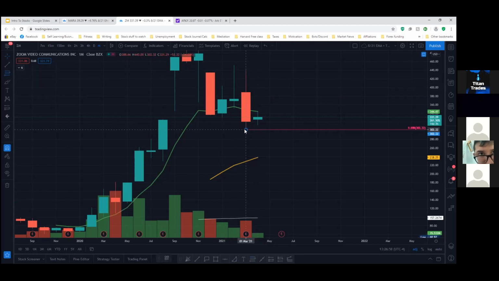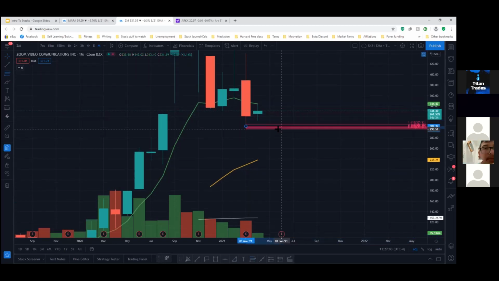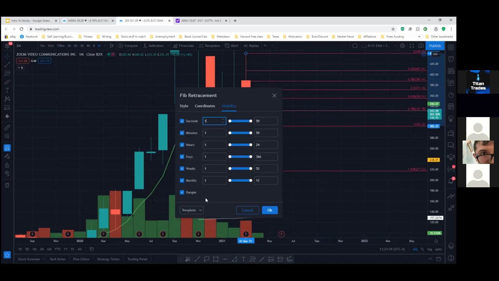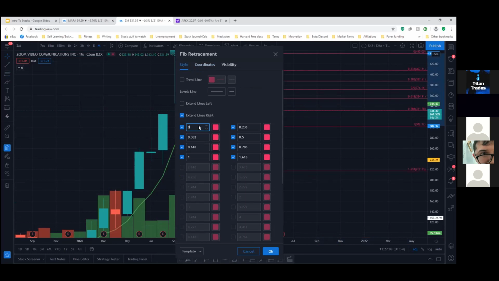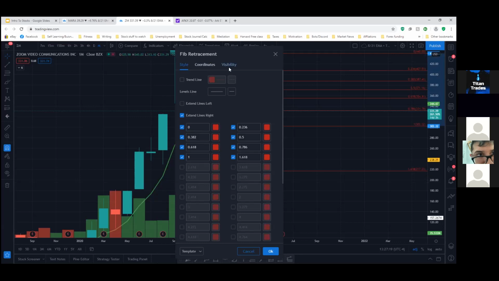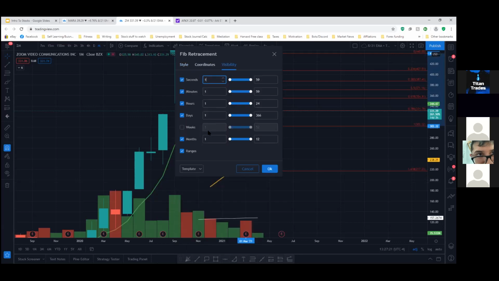So then you would go from the bottom wick right here, all the way to the top wick. And I personally like to use red for this. It doesn't really matter what you do, but personally, I like to use red. So go back to red. That's a little bit orange. Let's go back to red. There we go. So red, and then you also take the visibility off, right? So I'm going to the weekly next.